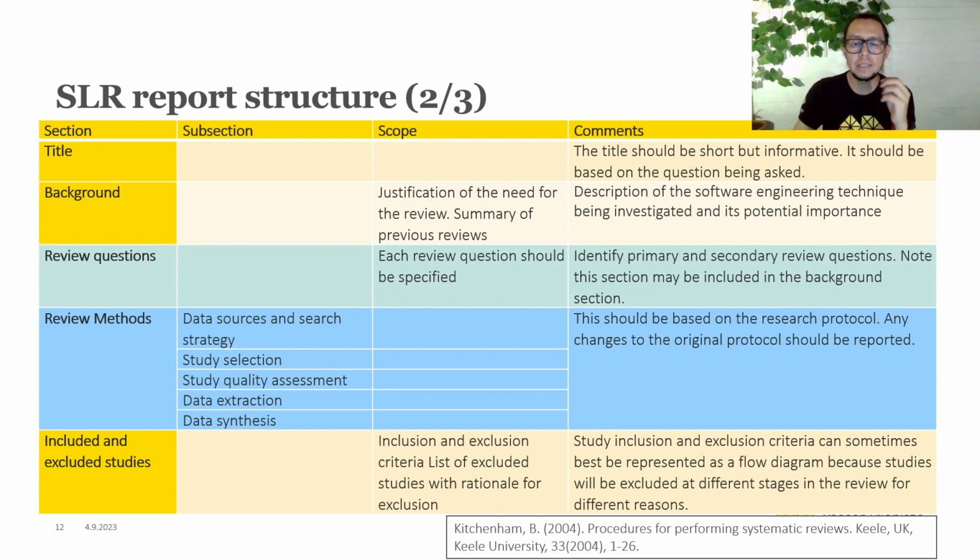The review questions need to be considered as specific questions that the outcome of the analysis of these articles is going to answer. So that is the main idea: to provide questions that are going to guide all the methods and the discussion at the end of the review.